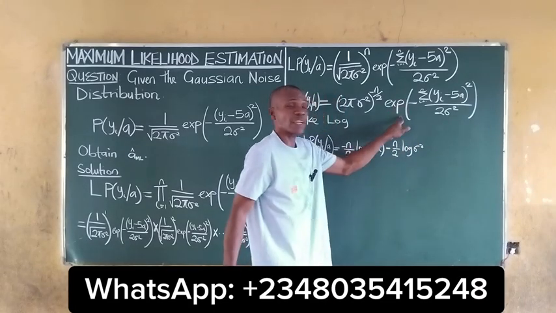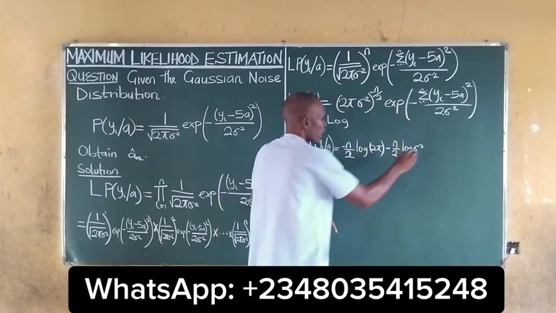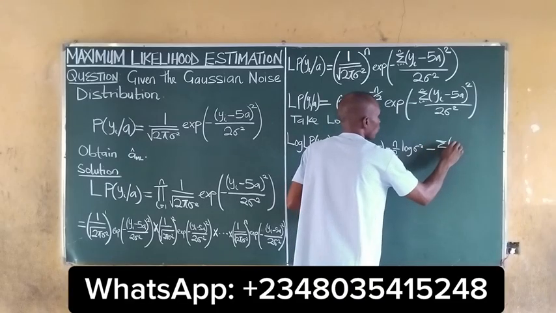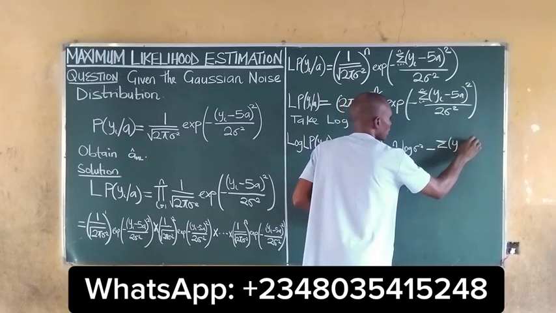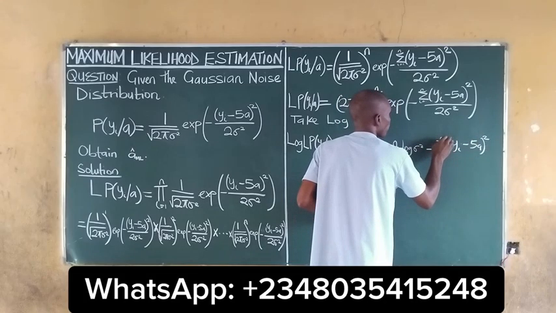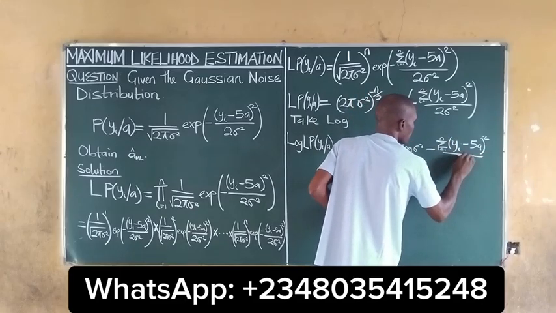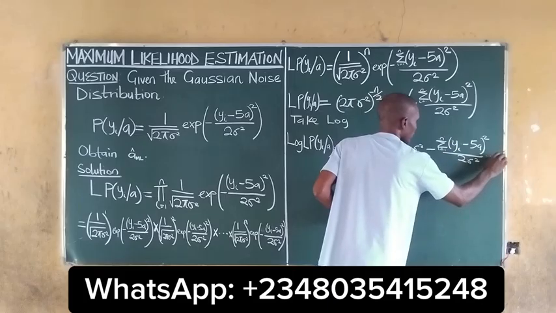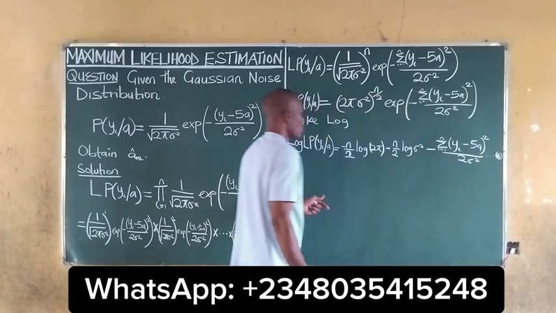If you take the log of an exponential function, you get that same function, which is negative summation of yi minus 5a squared, I running from 1 to n all over 2 sigma squared. So we take this as our equation star, if you like.